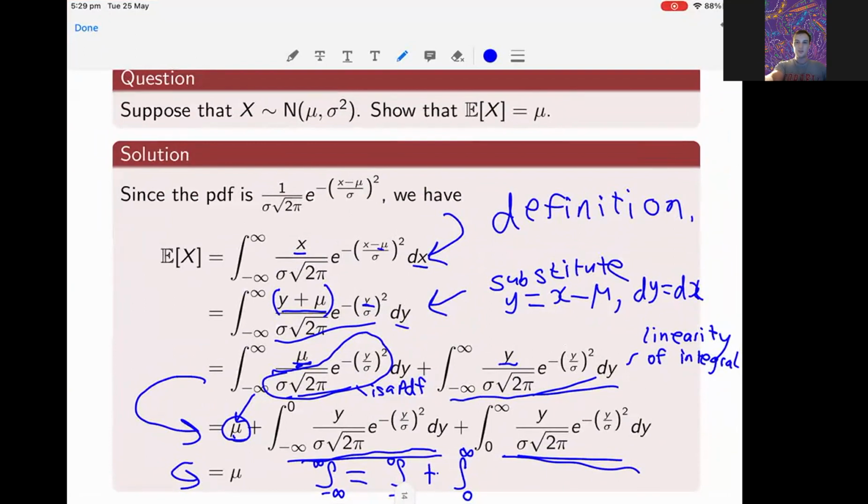Now, you might be unconvinced by that. You might say you shouldn't be allowed to just point to pictures to conclude that these things add to 0. And yes, you are certainly right. The key insight that is missing in order to show that these 2 things add to 0 is another integration by substitution.